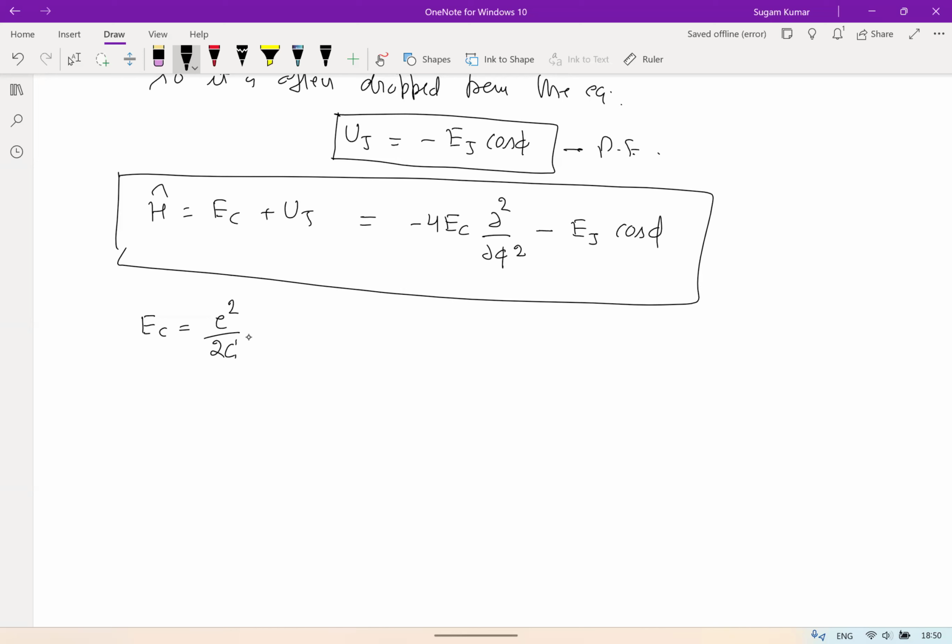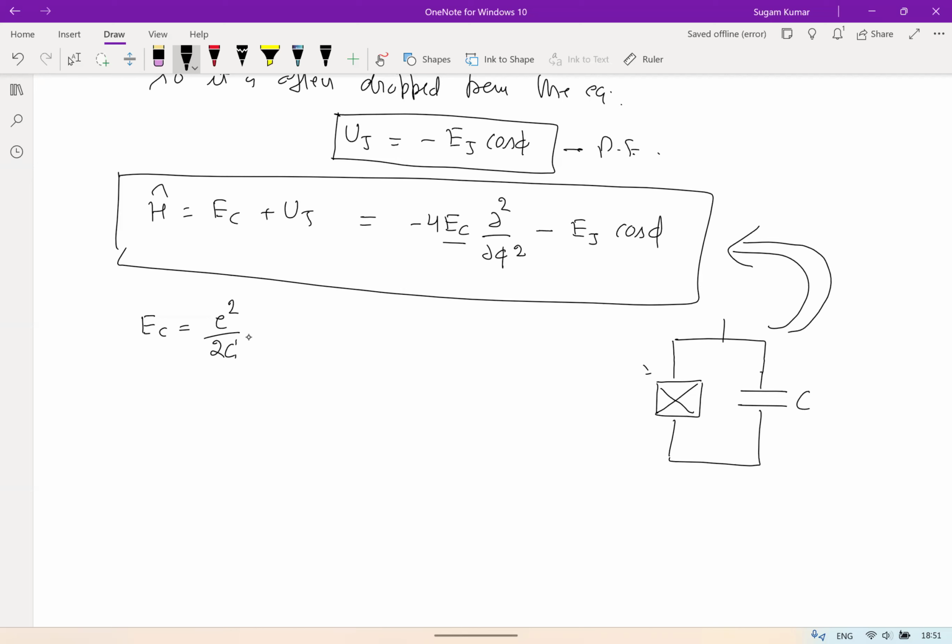Now in the system, if you have some capacitance C, and this is the Josephson junction, this part, then this is the energy Hamiltonian equation for this system.